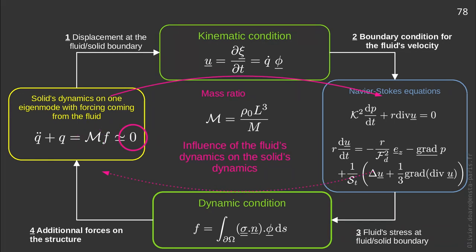If this number is small, the dynamics of the solid is not influenced by the dynamics of the fluid. It is as if the solid was evolving in vacuum. For example, the dynamics of a structure will not be the same if it is immersed in air or water. The mass ratio will be 1,000 times smaller in air.